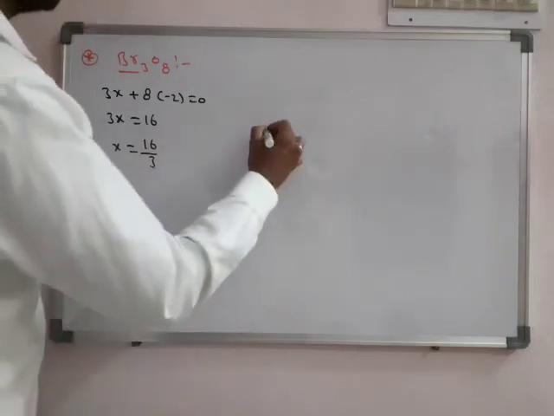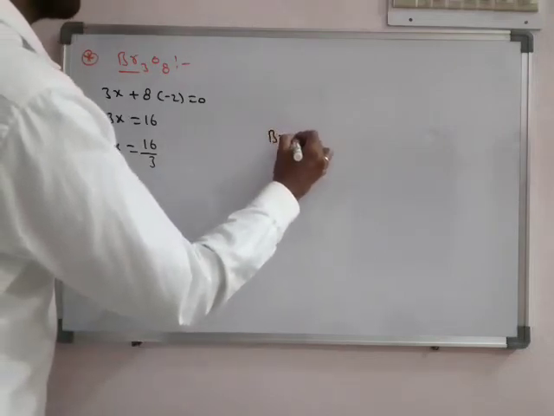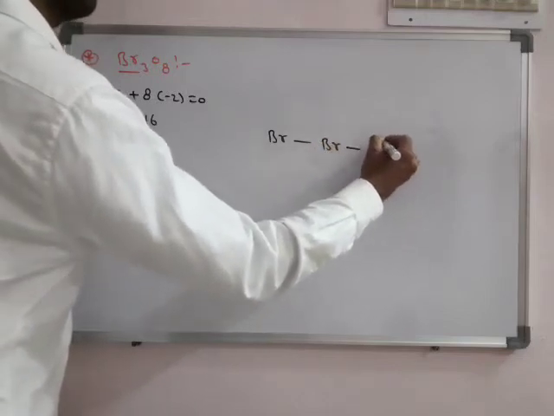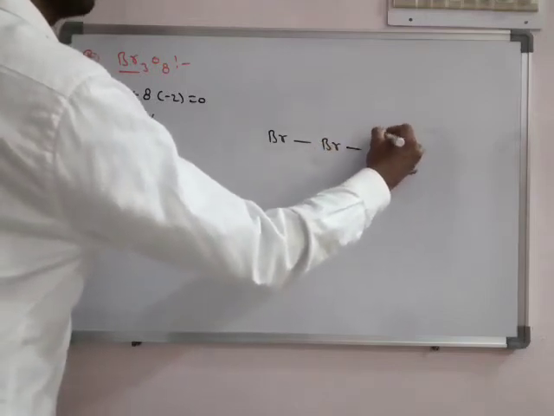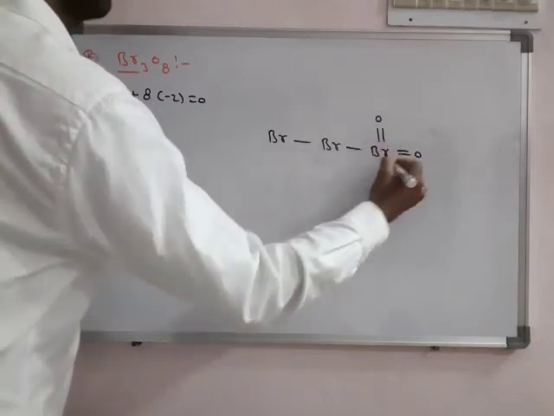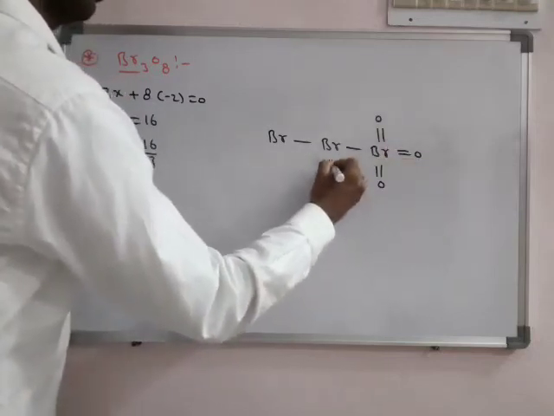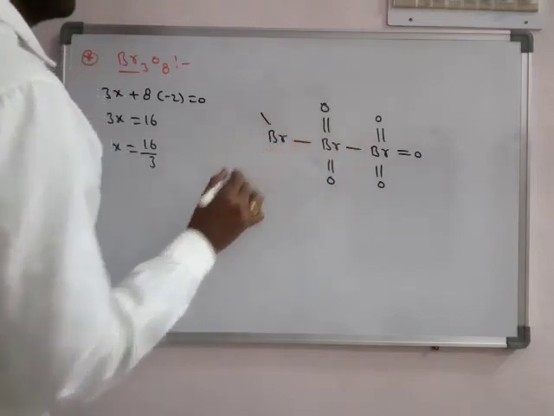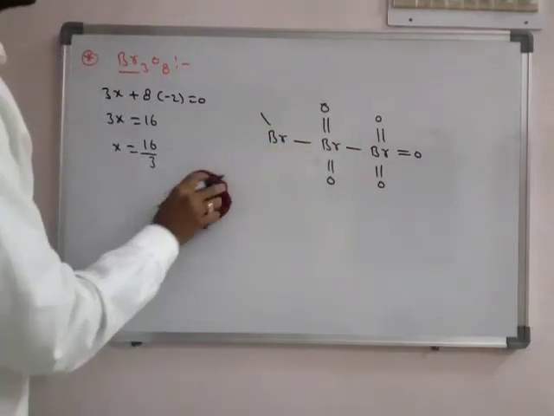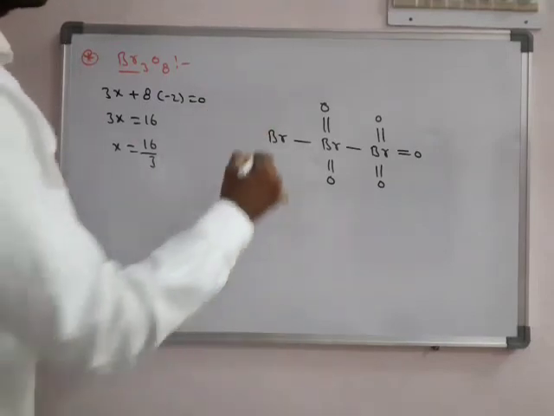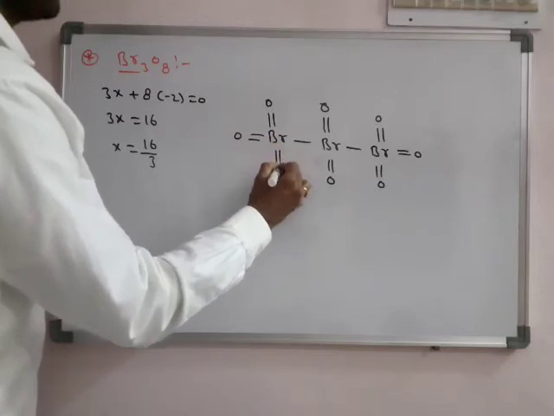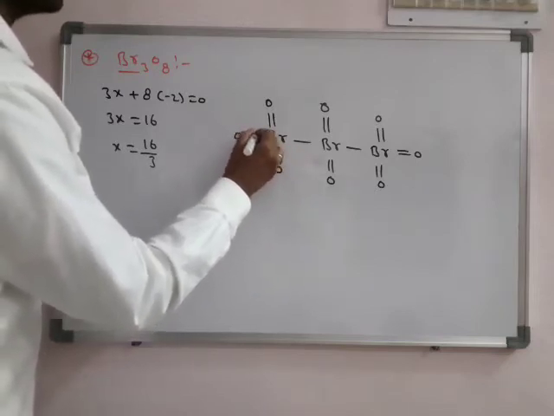But how does the distribution take place? So Br3 are all connected like this. So this is Br3O8.